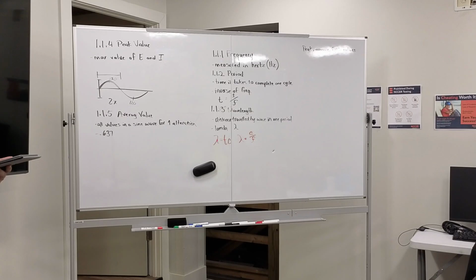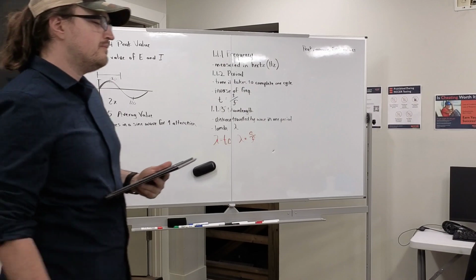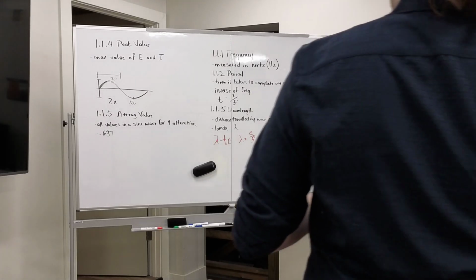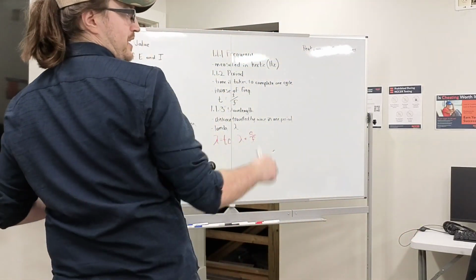What is the sine of 0.637? It's arcsine. Click the second button, sine to the negative 1. That gives 39.568, so the angle is about 39.6 degrees.